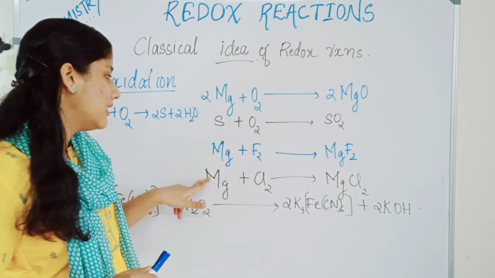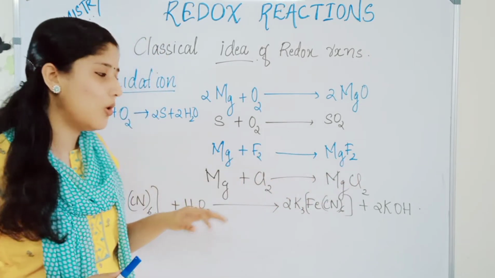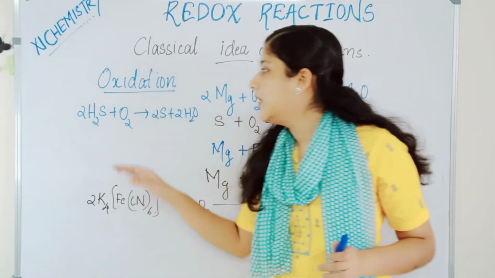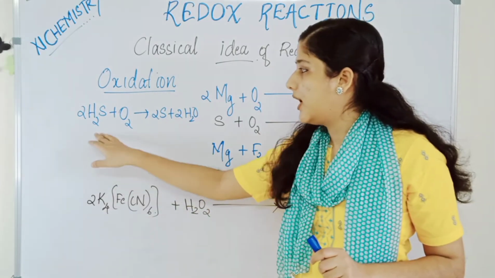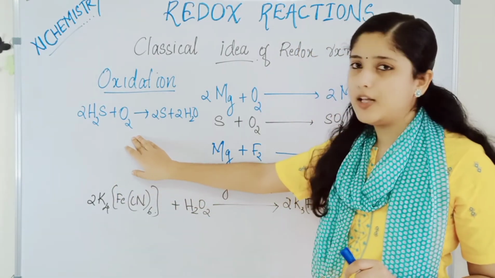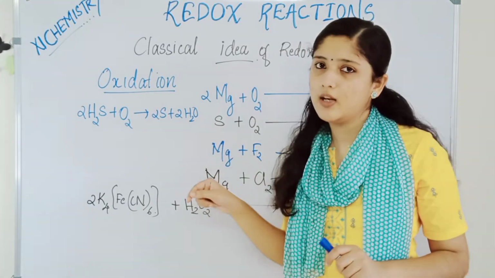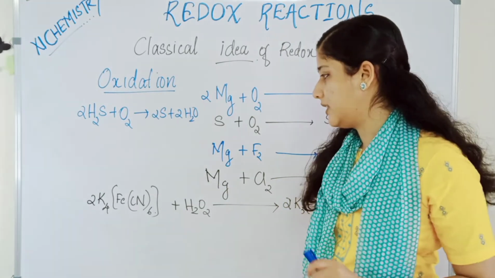You are adding Cl2 to Mg to give you MgCl2. It's also oxidation. Similarly, 2H2S plus O2, hydrogen sulfide plus oxygen. Adding oxygen will give you 2S plus 2H2O. This is an oxidation reaction. That means addition of oxygen.